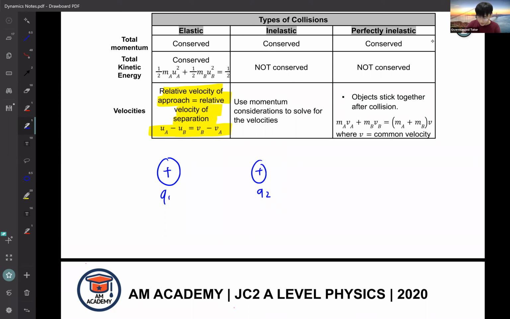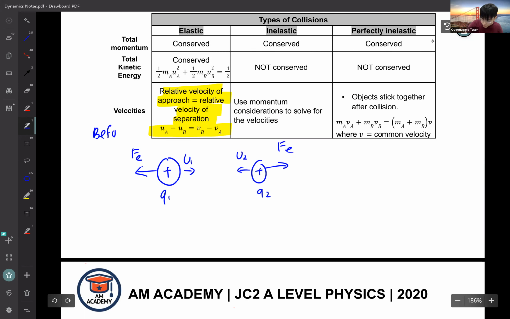Before they collide, they have speeds U1 and U2. As they go closer, the energy is converted from kinetic energy into electric potential energy. Once they go very close to one another, they exert a very large electric force on one another, and then they finally separate.